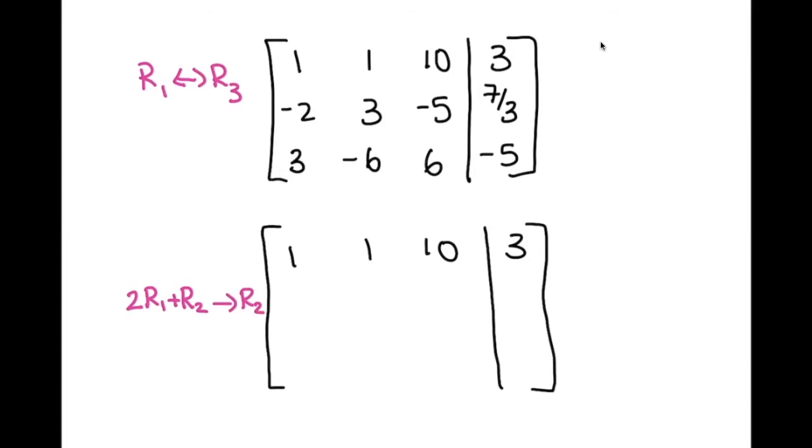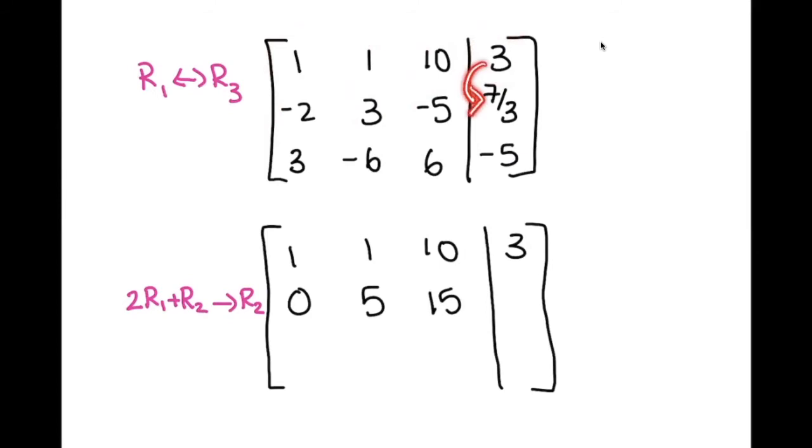So I have 2 times 1 is 2, plus -2 gives me 0. 2 times 1 is 2, plus +3, I get 5. 2 times 10 is 20, plus -5 is 15. 2 times 3 is 6.